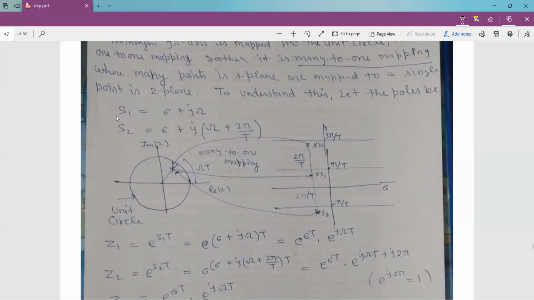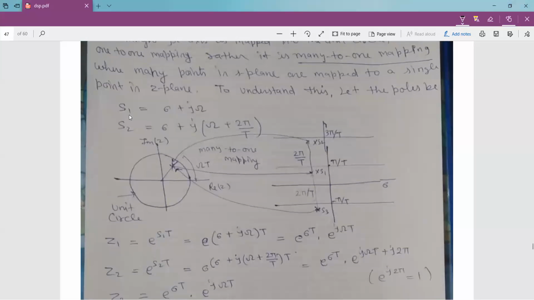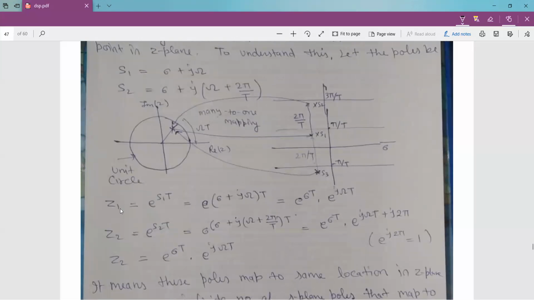If S1 is a pole in the analog domain, the corresponding Z location can be found using the mapping Z equal to e raised to the power sT. Putting in the value of S1 T, you obtain this expression. When you put in the value of S2 T, you obtain the location of Z2, and after mathematical simplification there is one additional term, e raised to the power j2 pi.